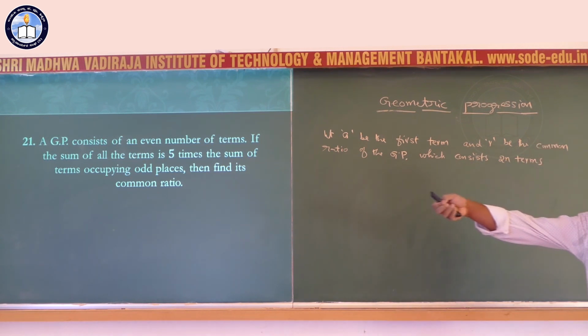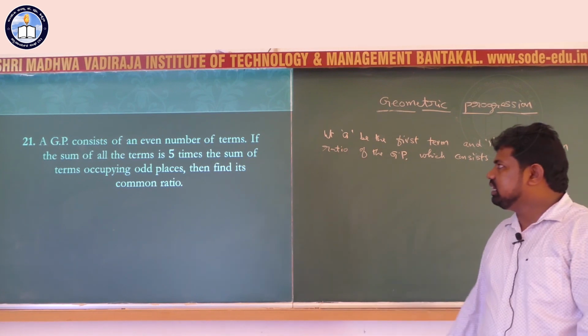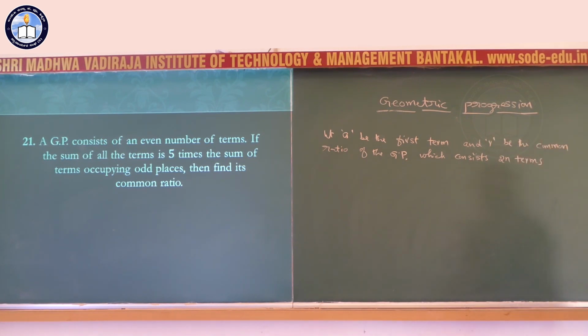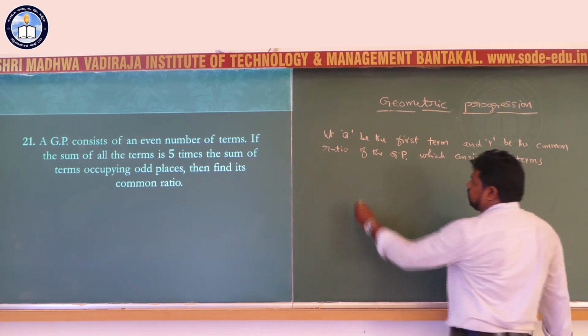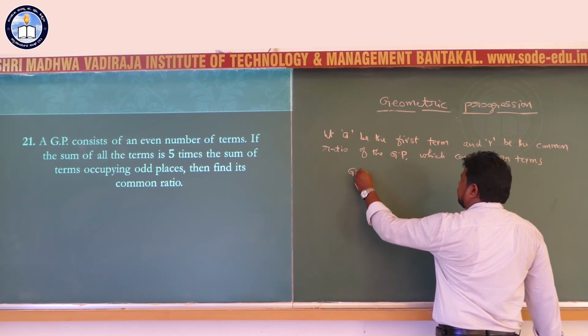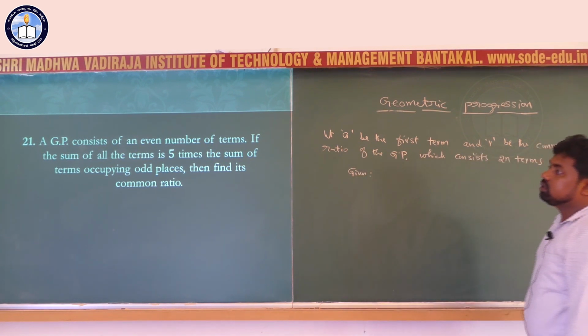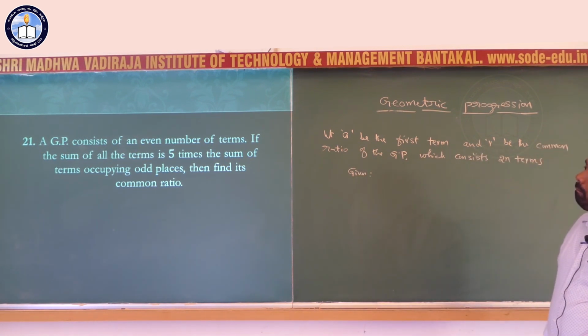Given that the geometric progression consists of an even number of terms, I take it as 2n terms. Given the sum of all the terms is 5 times the sum of terms occupying odd places.